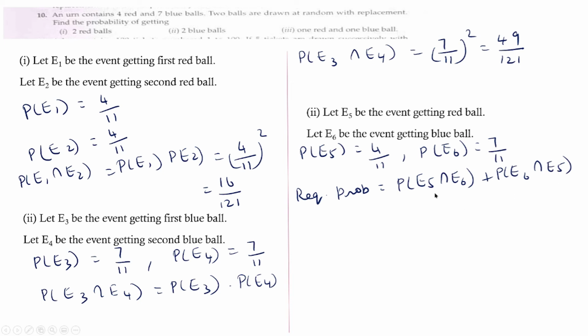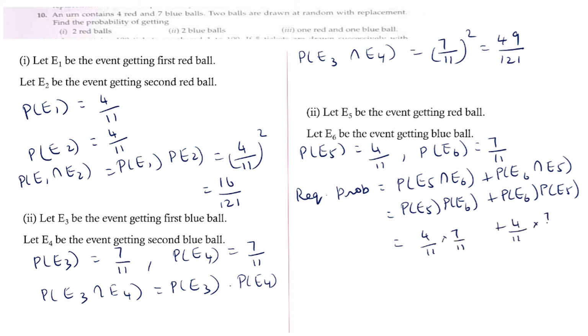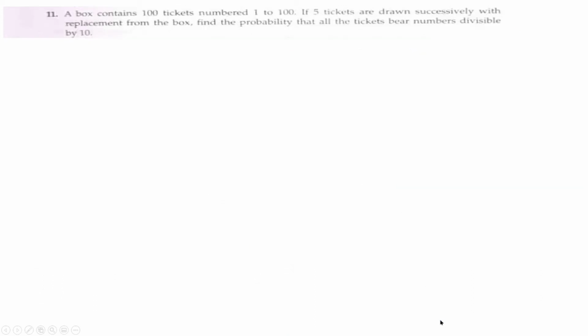That is getting a red ball first and then a blue ball, or getting a blue ball first and then a red ball. So it is equal to probability of E5 into probability of E6 plus probability of E6 into probability of E5. So it is 4 by 11 into 7 by 11 plus 4 by 11 into 7 by 11. So it is 28 by 121 plus 28 by 121. This is 56 by 121. So this is the required probability.